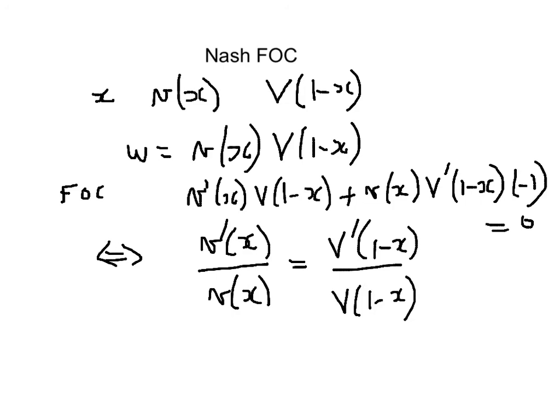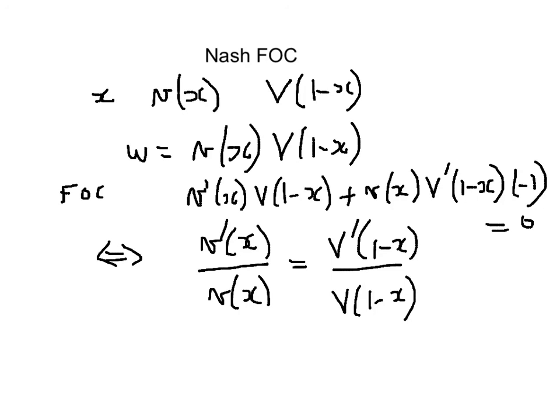Now, as it turns out, the interpretation of this is that the person with the most concave utility function actually gets less. So the Nash bargaining solution rewards the less risk-averse person, and the person who is most risk-averse, who has the most concave utility function, gets, quote-unquote, penalized or gets a smaller share of the surplus.